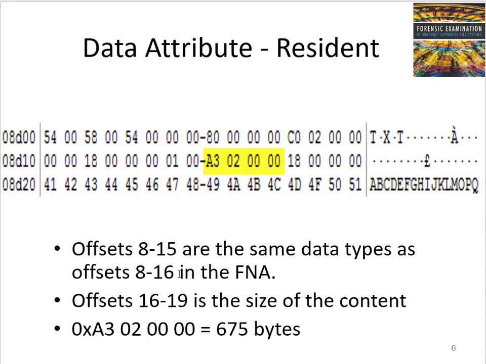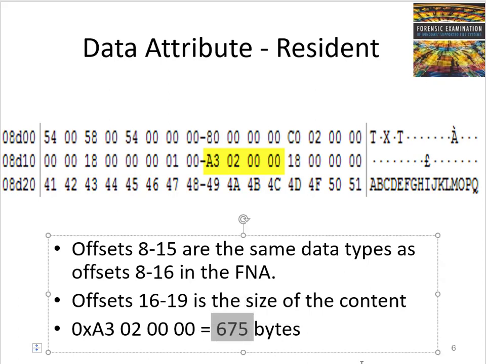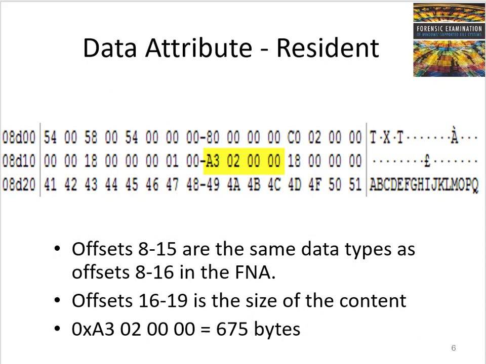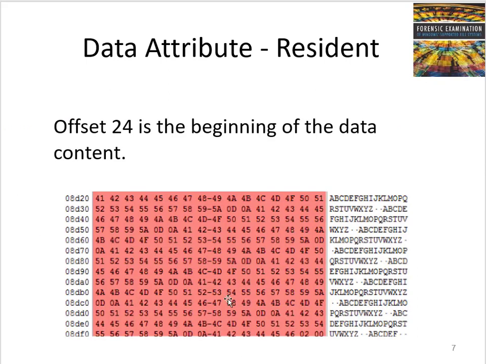That should actually say 8 through 15 in the file name attribute. Offsets 16 through 19 is the size of the content, 675 bytes. So we had 704 for the entire length of the attribute, but the actual content is going to be 675 bytes. And that's what's highlighted here.